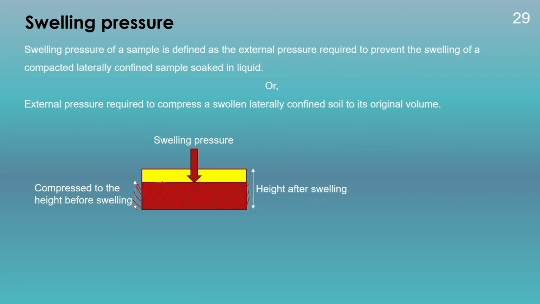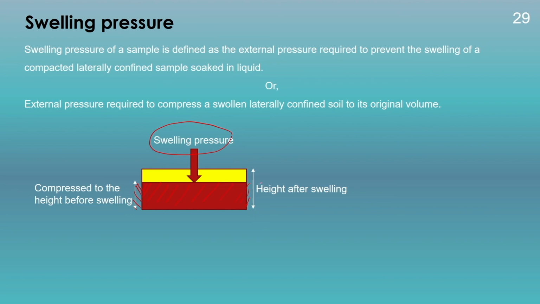Due to this moisture absorption, the volume of the soil will try to increase. Now we will apply additional load or overburden pressure to prevent the soil from increasing in volume. So the maximum pressure which we require here to prevent the soil from increasing its volume is known as the swelling pressure.